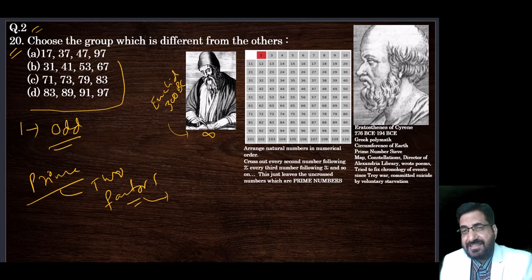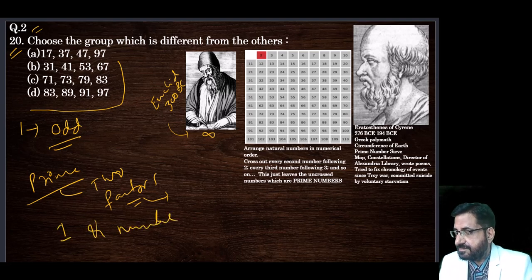A factor is simply a divisor which divides a given number completely, that is, without leaving any remainder. So the remainder will be 0. All these numbers are called prime numbers. What are those two factors? 1 and that number itself.